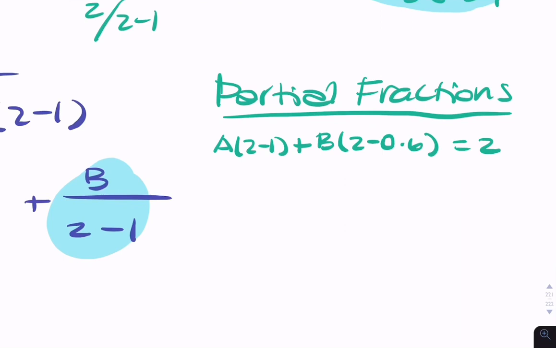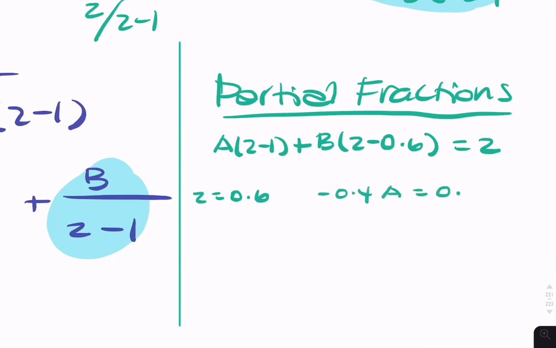And if z equals 0.6, then minus 0.4A equals 0.6, and A equals minus 6 over 4, or we can write that as minus 3 over 2.